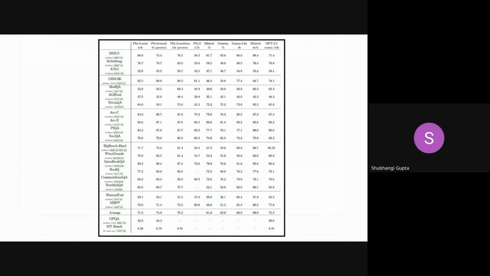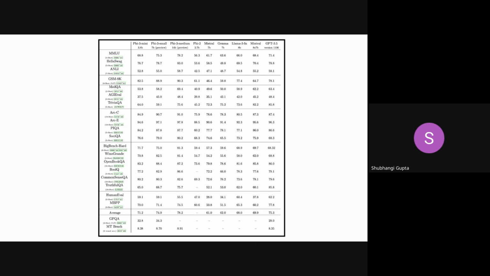Now, looking at the different benchmarks and the results, if we compare the Phi-3 mini model with Llama 3, you can see the small model with only 3.8 billion parameters and Llama 3 with 8 billion parameters are performing about the same on the different benchmarks.